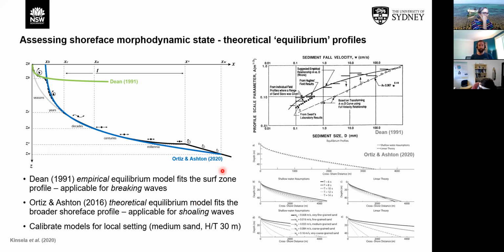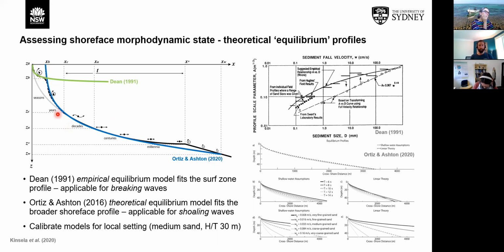And these theoretical models are based on wave shoaling on the shore face. So it makes sense. A shoaling wave model fits our broader shore face profile, and observations in the surf zone and upper shore face are sort of fit for where wave breaking occurs.